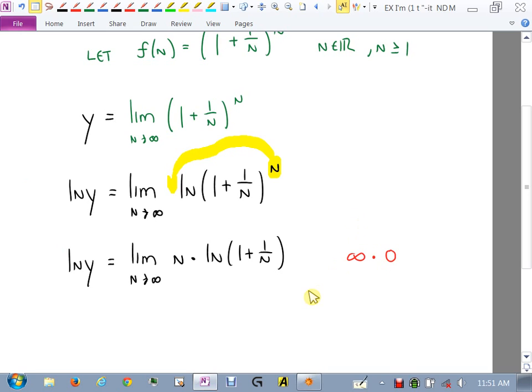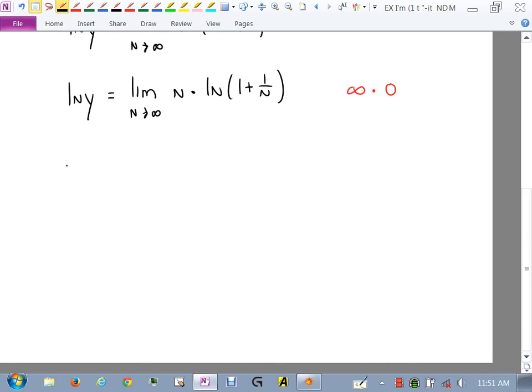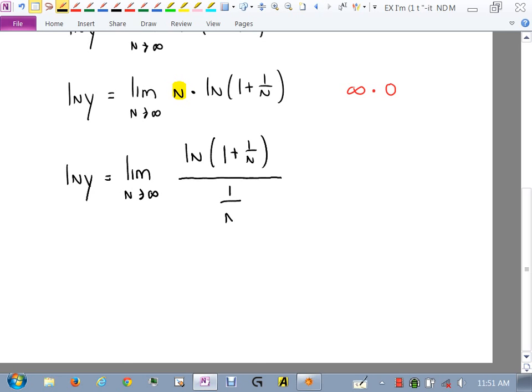And so what we do, see if this rings a bell. I'm going to pick one of them. In this case, I'm going to pick the n. And I'm going to rewrite it in the denominator, like this. It doesn't matter, but a lot of times what you're going to do next will dictate which one you should use. N is going to be rewritten as 1 over n in the denominator.